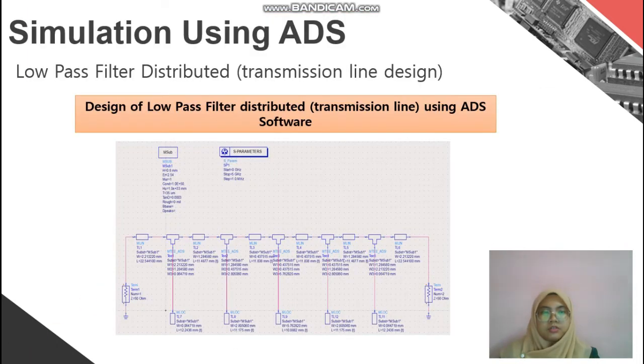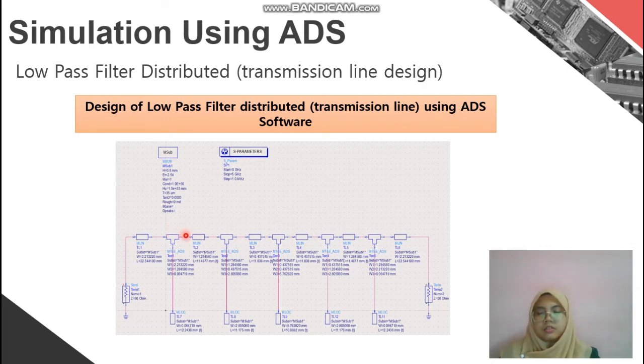Line calculation. We have to input the M substrate. So the M substrate is this value. We need to put it into the M-lin, and then we need to change the ZO according to the theoretical layout that we have designed using calculation.